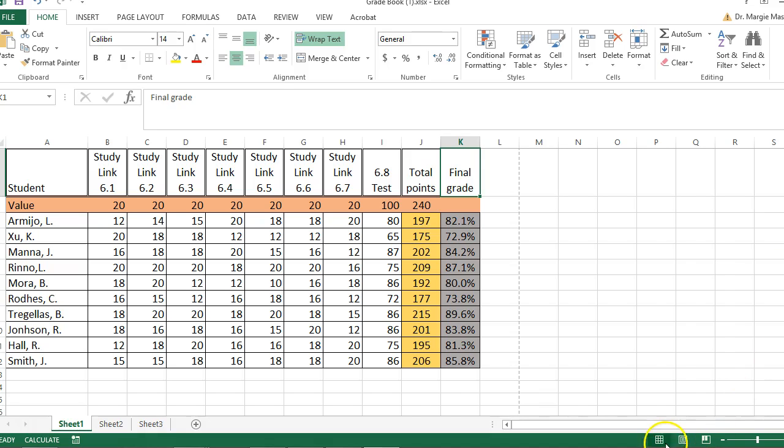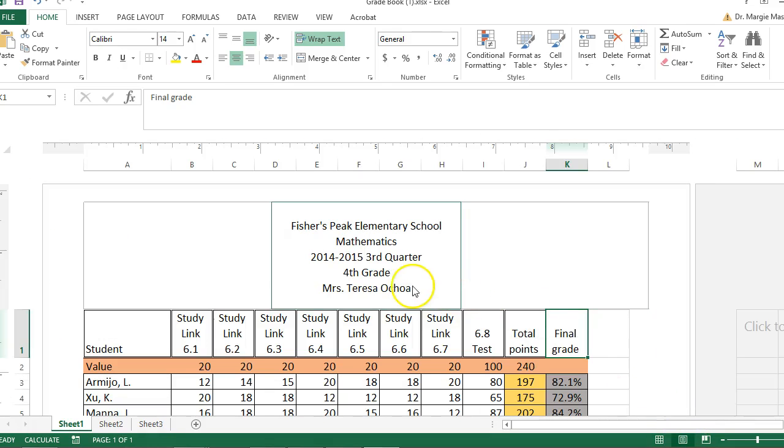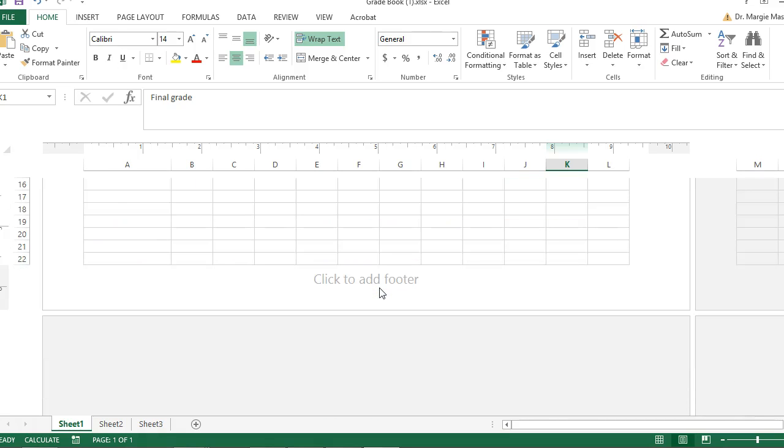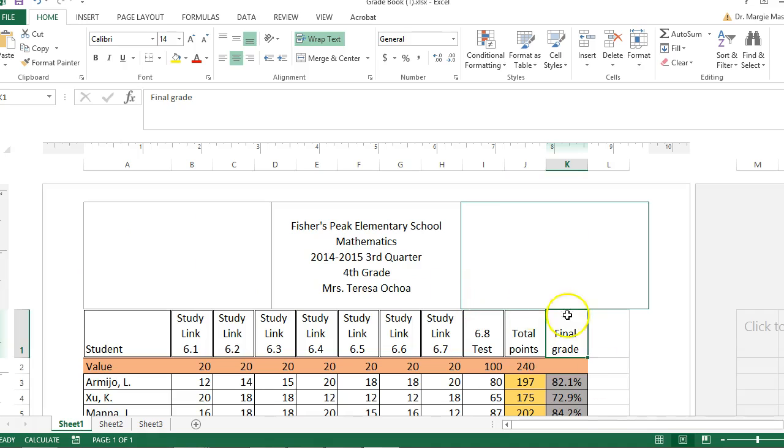First, this is in what they call the normal layout. So you can see the word normal as I scroll over. This is what everybody sees when they open up an Excel worksheet. As you see, you don't see the name of your class, you don't see your name or the last updated. However, when I go into page layout, which is not the typical mode, yes, I see your name and the name of the course, but you still didn't get the last updated on there.